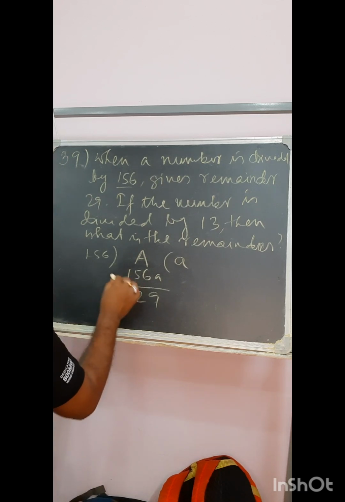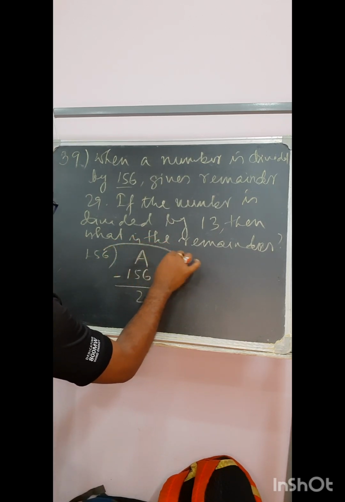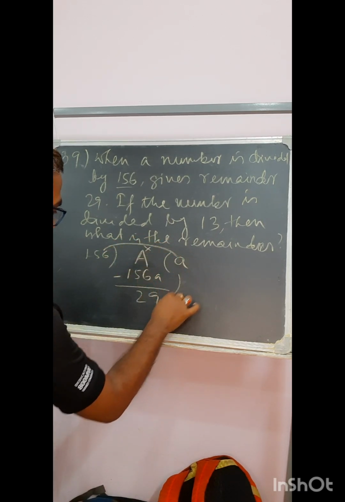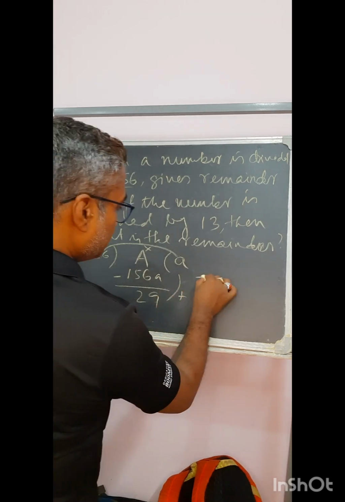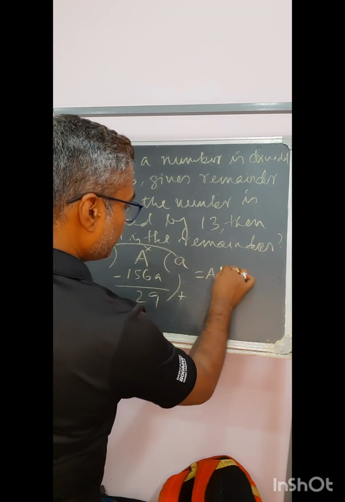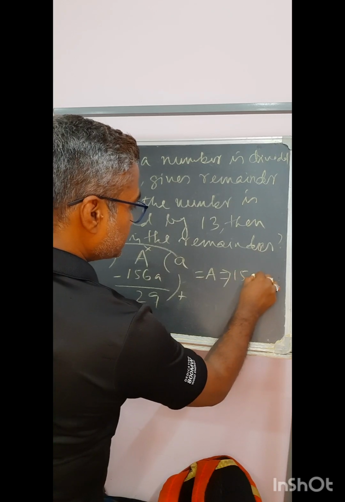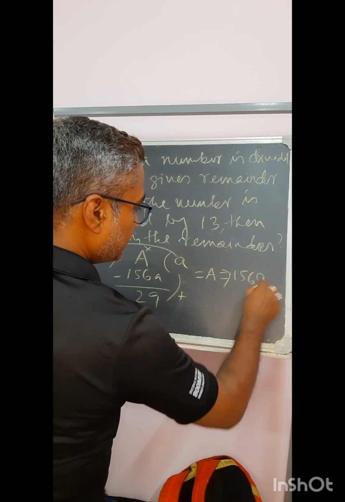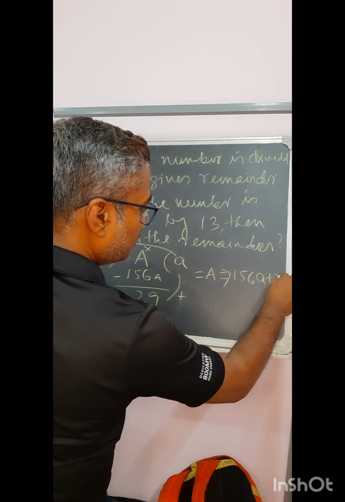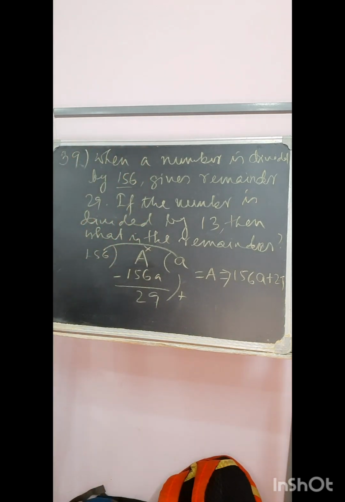As a rule, the number A would be 156 into a quotient plus 29.